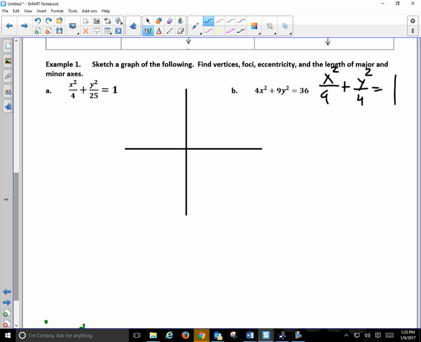Is this going to be stretched more horizontally or vertically? Horizontally. So how many units horizontally? 3. So if I make a 3 by 3, that's going to be enough. What's the center? 0, 0.